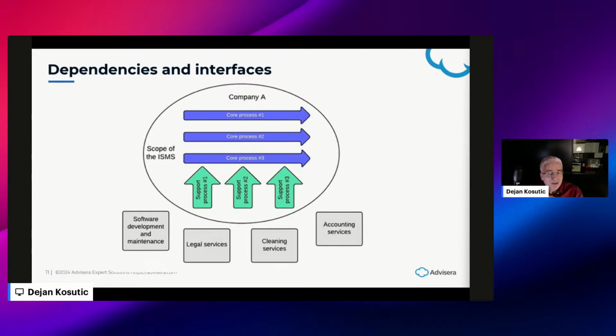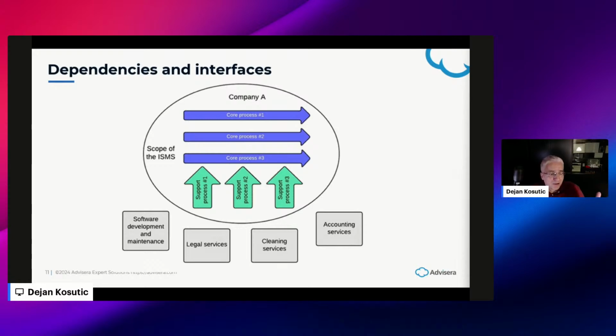And then you have to see which processes or services they are dependent on. Then you can say, okay, this ISMS scope is dependent on software development and maintenance. So you have a third-party provider who is a software developer, developing and maintaining some software, so you're dependent on them.